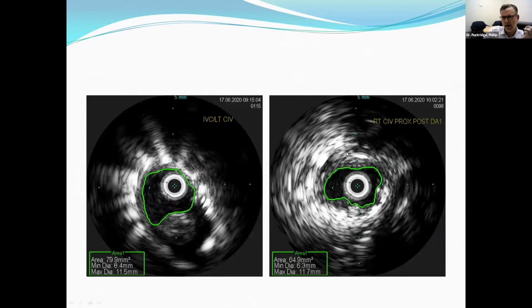And on the right-hand side here, the interesting thing with this picture, labeled right common iliac vein, is the irregularity of the lumen, the fibrous lumen within the stented section. And this is due, I unfortunately don't have the pre-picture to show you, but this is due to the atherectomy.